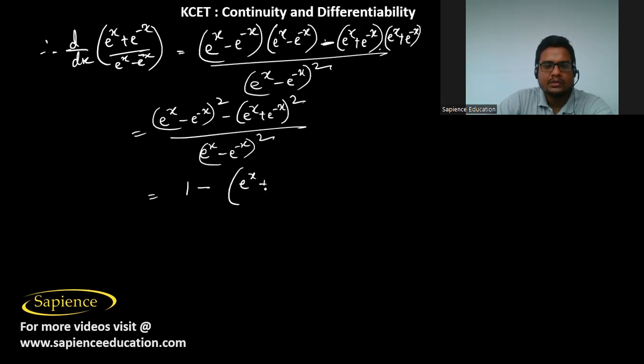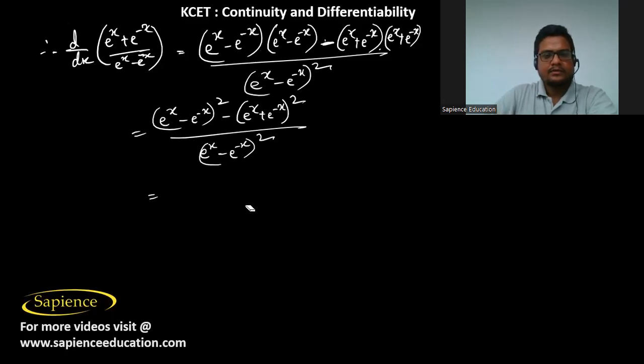Simply, we can write that a plus b whole square minus a minus b whole square is 4ab.